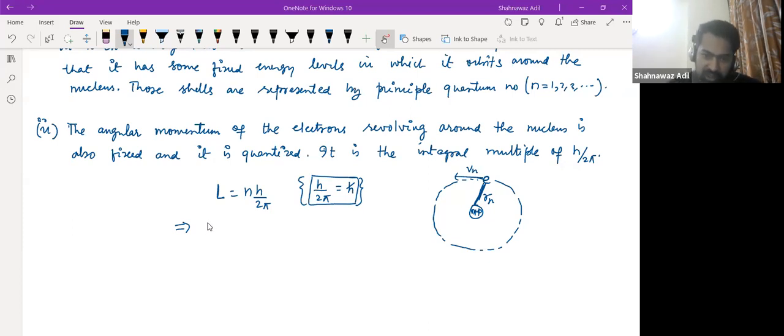Okay, what is the angular momentum? Angular momentum is the moment of momentum. That is defined by mass of electron times v times rn, and this is nh by 2 pi. So this is quantized.